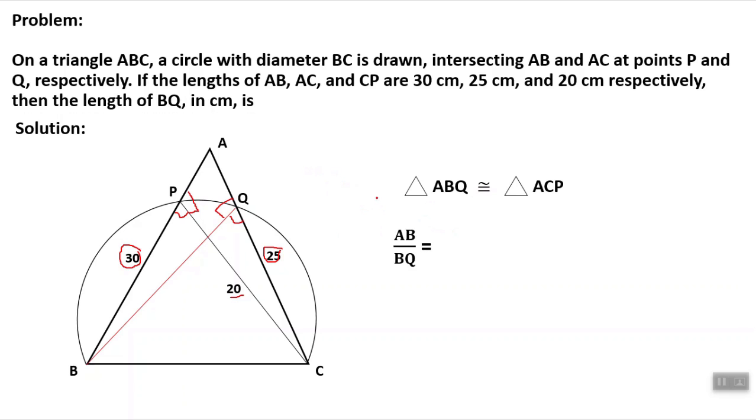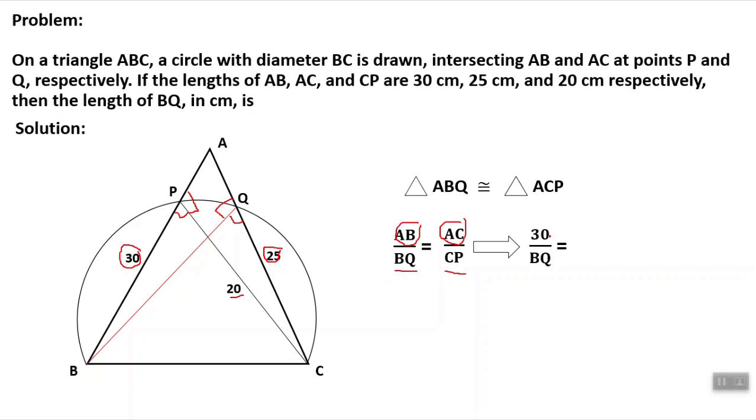What does that mean? AB, which is the hypotenuse of the triangle AQB, and BQ is the side which is opposite angle A in the same triangle, that same ratio must be applicable to the triangle ACP, where both AB and AC are hypotenuses, please remember, and BQ and CP are sides which are opposite angle A. So the ratio of the corresponding sides is the same.